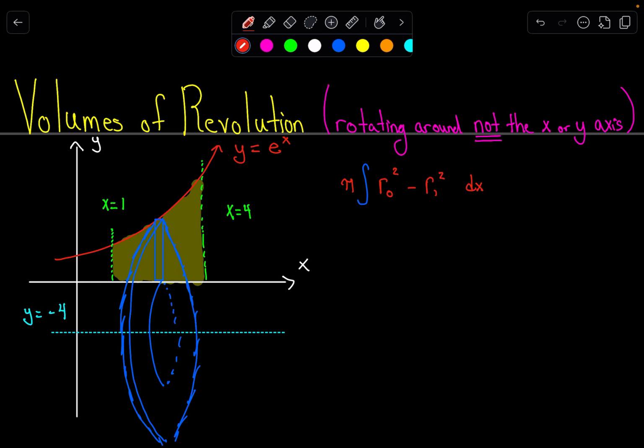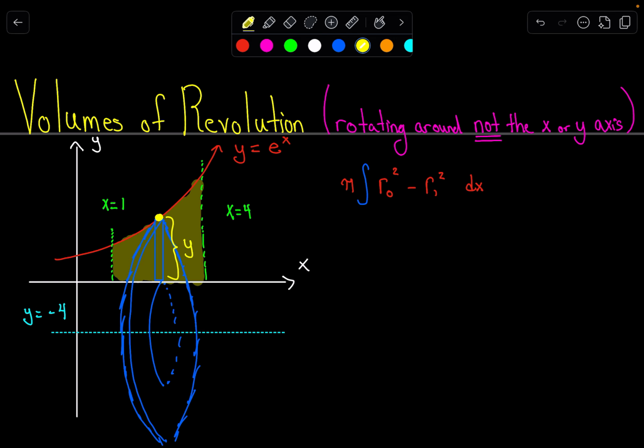So again, the only real trouble here is figuring out what this outer radius is. The nice thing is that we know how to do distance. If we look at this drawing, I know that if I'm at this point on my red graph, y equals e to the x, then the distance from that point down to the x-axis is just my y value, whatever that is.